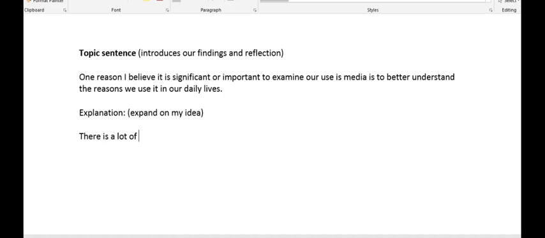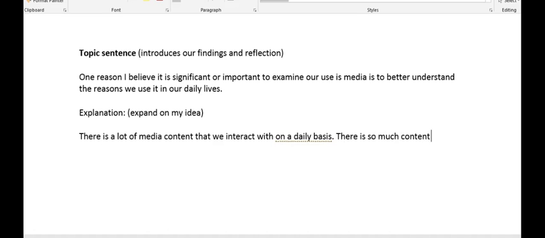There is a lot of media content that we interact with on a daily basis. There is so much content that we don't actually think about what we are using or why.